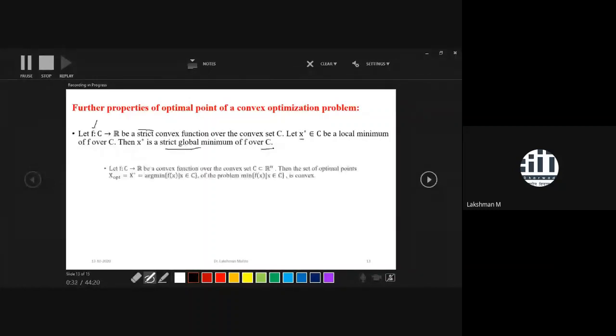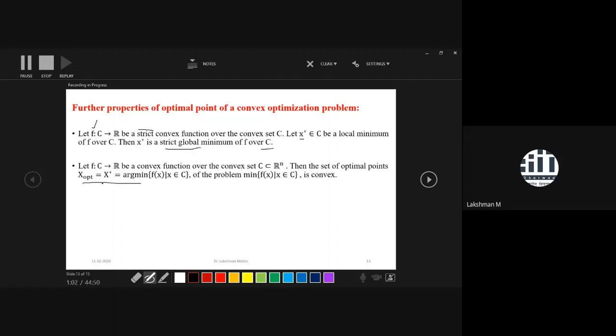Now, the second property says that if f is a convex function over a convex set C, then the function may have one optimal point, two optimal points, or no optimal point. If you are getting more than one optimal point, we call that an optimal set, or set of optimal points.